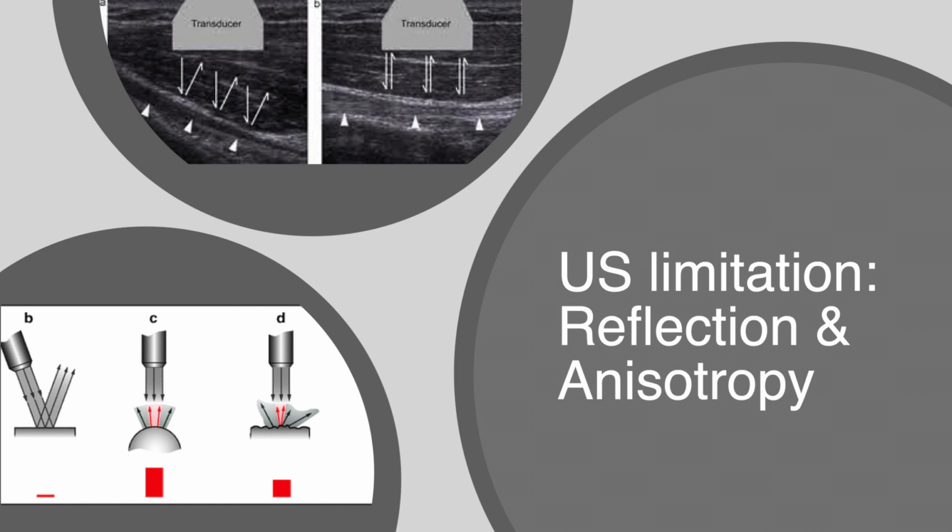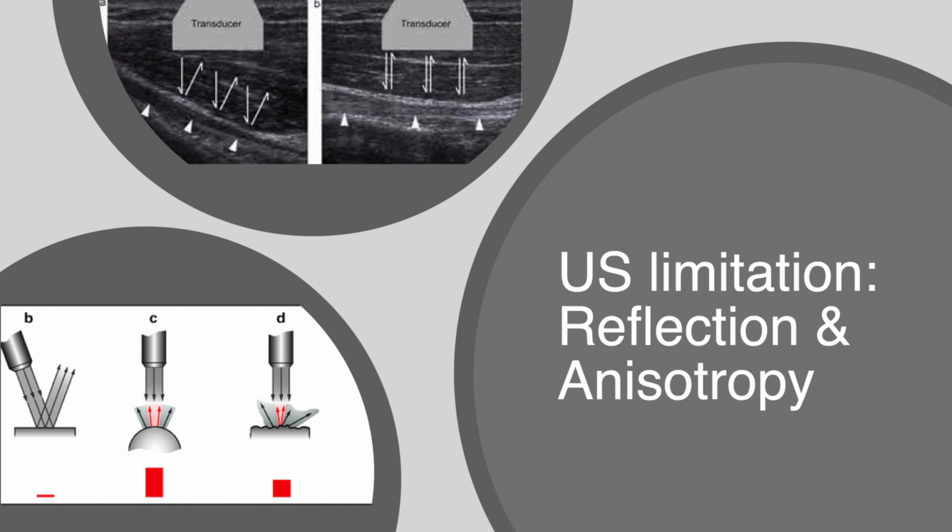At a tissue interface with a larger difference in acoustic impedance, the ultrasound beam will result in a large amount of sound energy reflection and cannot penetrate further. So we cannot see the inside of the bony intervertebral foramina.